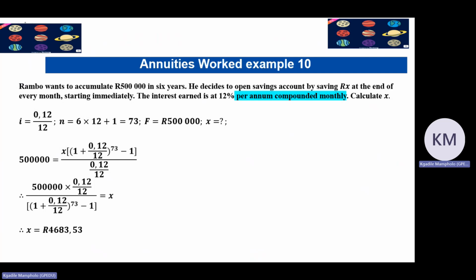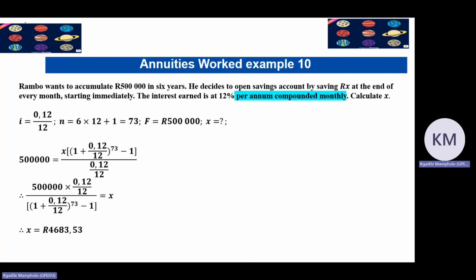So substitute your 500,000 because it's what he is targeting, then it's our future value. Then we substitute, then we get X, then we cross multiply to get X. So the denominator on the right, multiply to the numerator, and you divide.